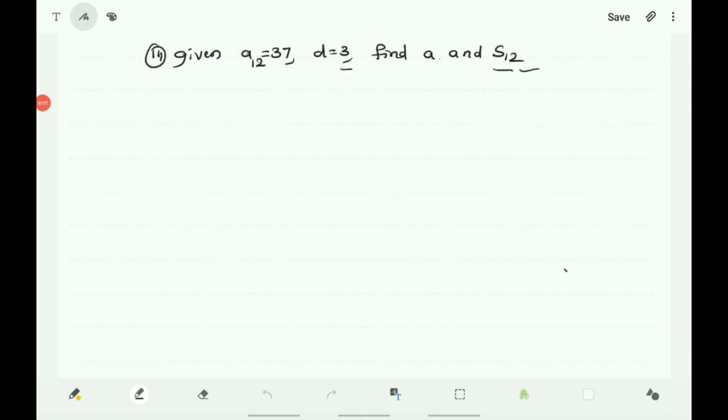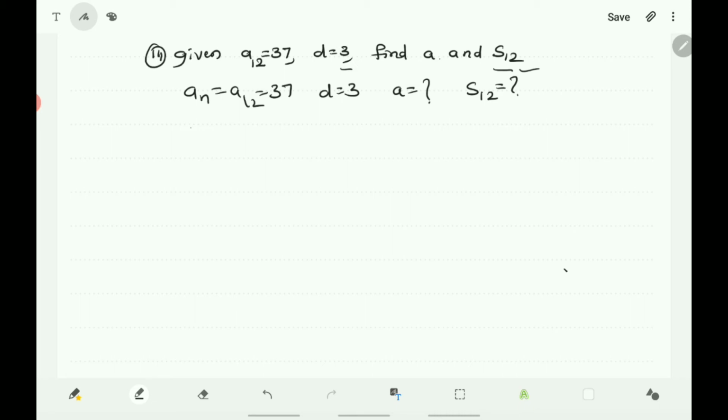Third question: given a12 is equal to 37, d is equal to 3, find a and S12. Here an is equal to a12 is equal to 37, d is equal to 3, and a is unknown, and S12 is unknown.